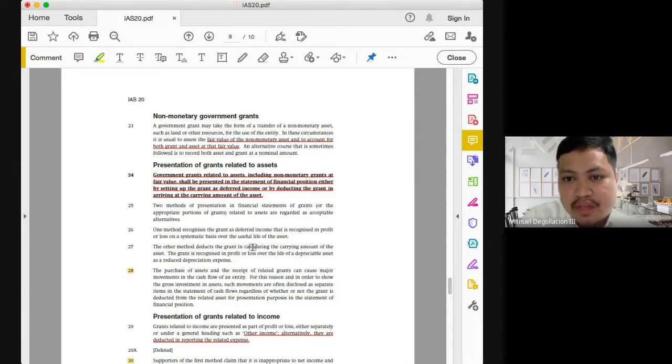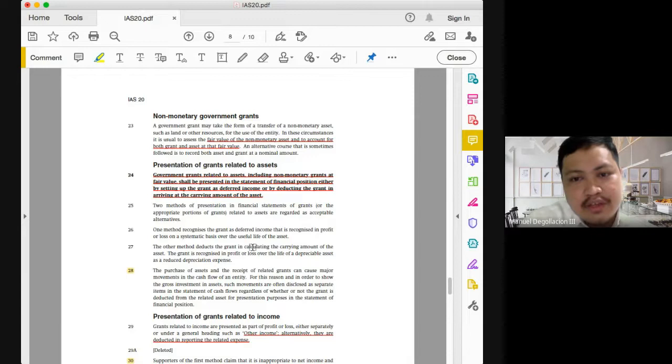But if the building was constructed as a condition to a government grant in which we have received 10 million, then the standard allows us to report the building at 10 million, which is the 20 million cost minus the 10 million grant. Okay? And the grant here will still be reported as an income class in the profit or loss through the reduced depreciation expense.